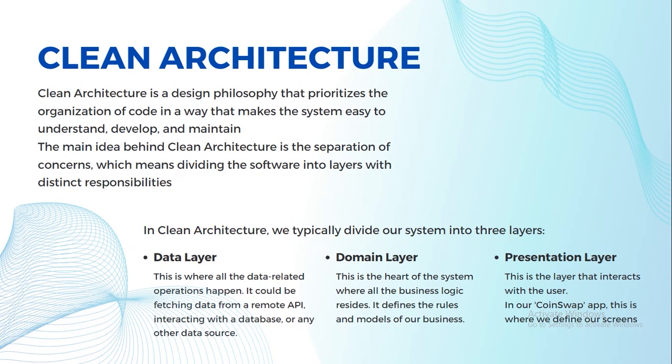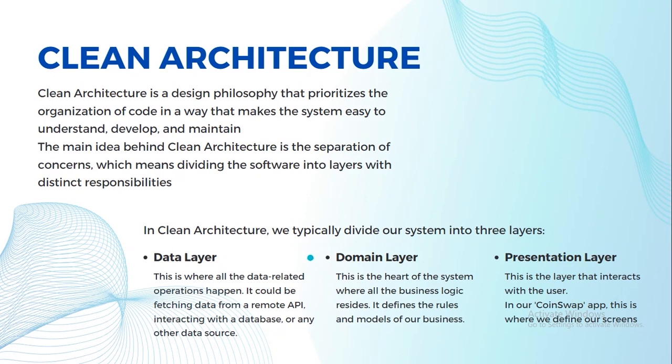So here in this clean architecture, we typically divide our whole system into 3 layers. First one is data layer. So this is the layer we keep all our data related operations like fetching the data from the remote API or local database and interacting with the database.